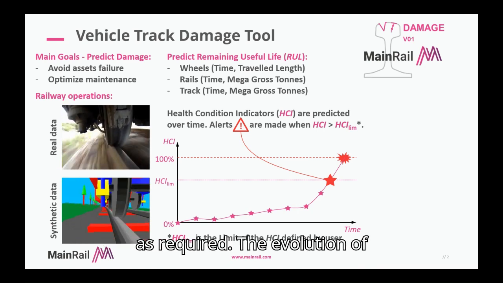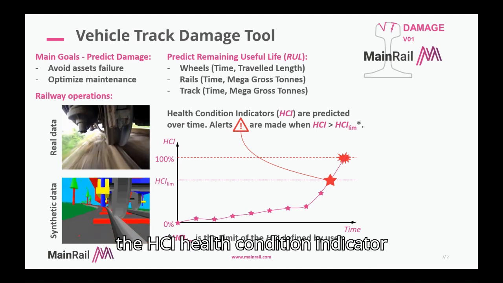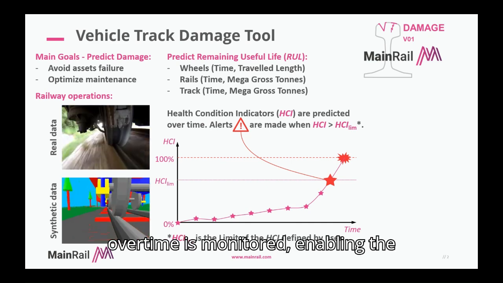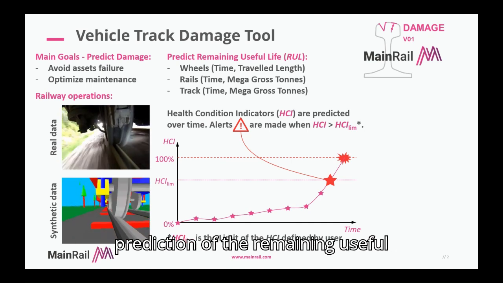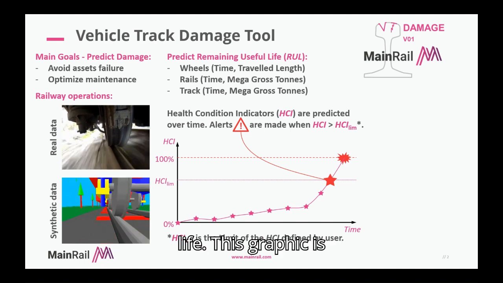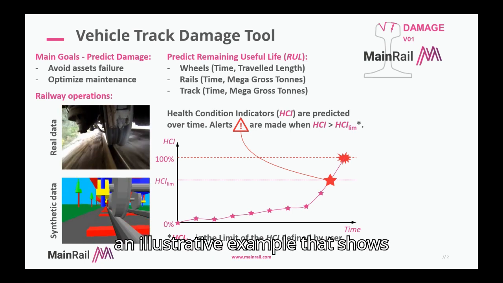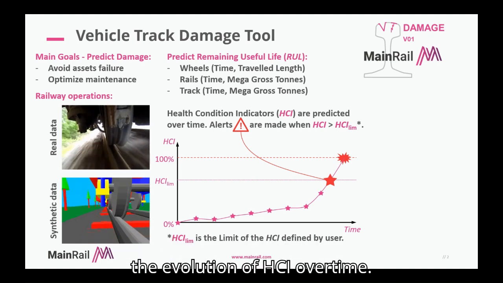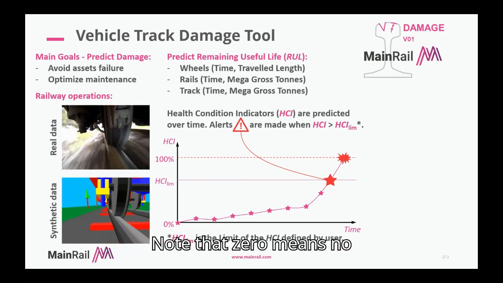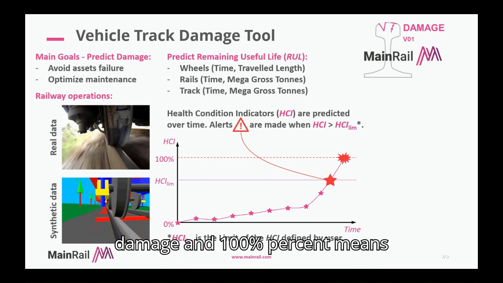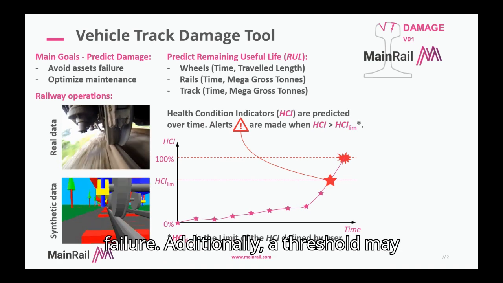The evolution of the HCI, health condition indicator, over time is monitored, enabling the prediction of the remaining useful life. This graphic is an illustrative example that shows the evolution of HCI over time. Note that 0 means no damage and 100% means failure.